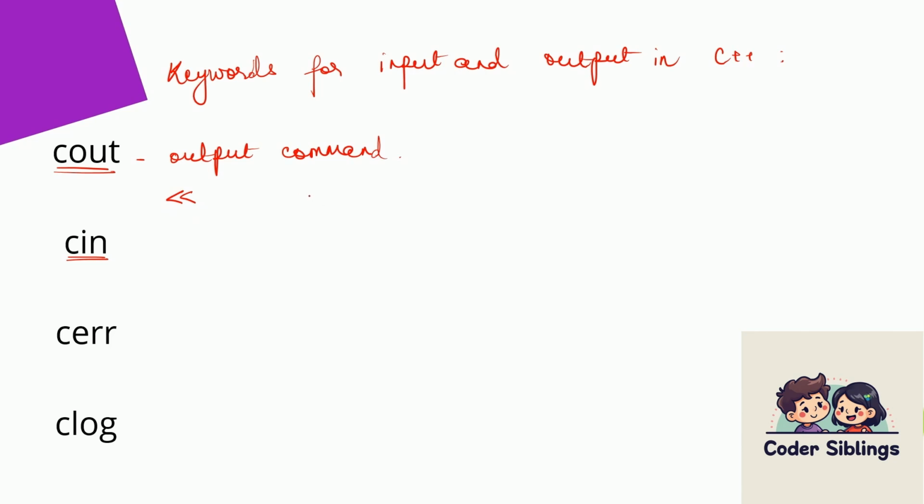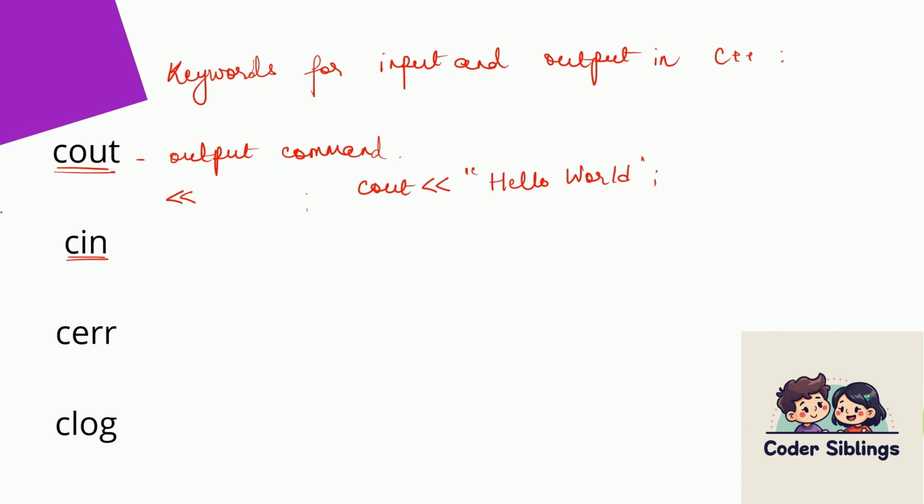So when you're writing any command which you need to output, say that you need to output hello world on your screen, you write cout followed by this insertion operator, and if within double quotes you enclose your text which is hello world, and when you run this line of code, what you get is hello world printed on your screen. So cout is the basic keyword or command, as we can say, that we use for output.